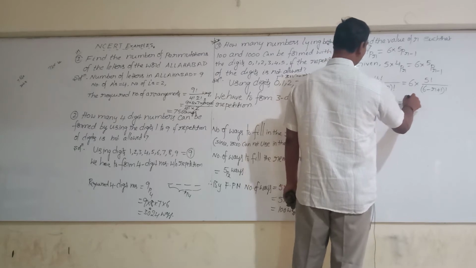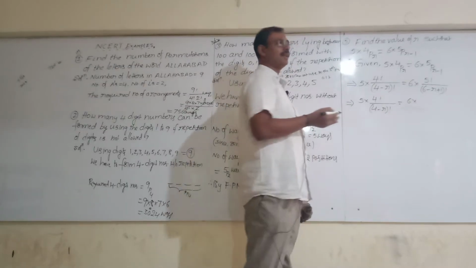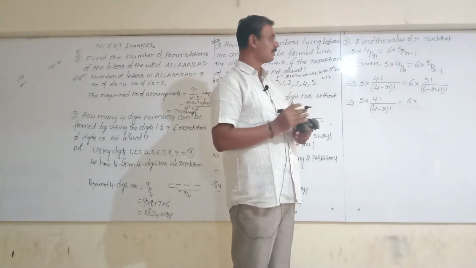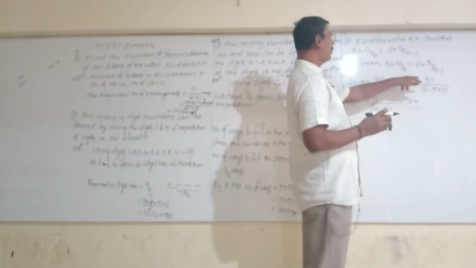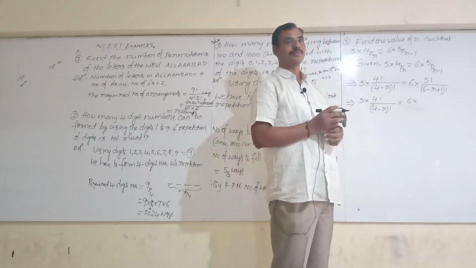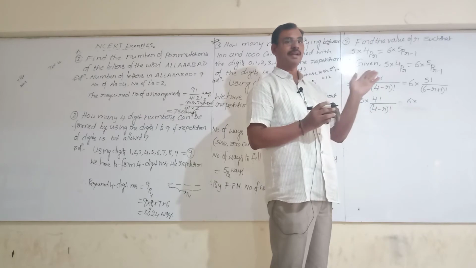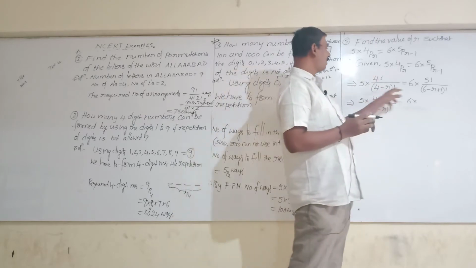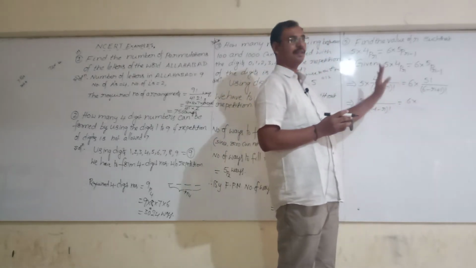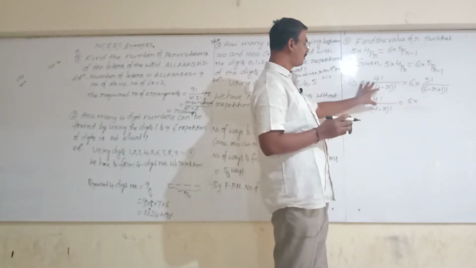Here, before simplifying, you must observe which are the smaller numbers and which are the greater numbers. Between 5 factorial and 4, the smaller number is 4. Smaller numbers do not change; the greater number should be written in terms of the smaller. That means you should always write in descending order. Between these two numbers, 4 minus r is the smaller number, so do not change the smaller number.